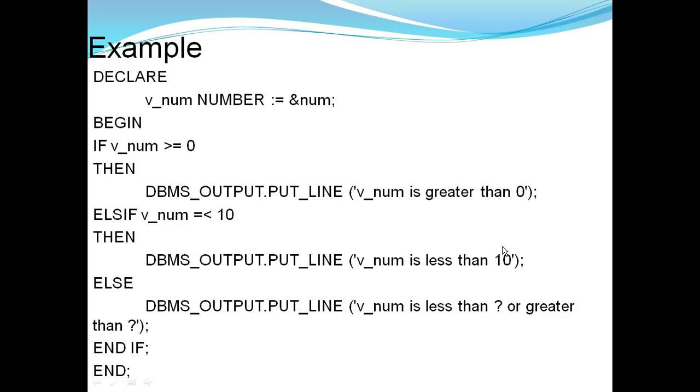But here it will not consider that statement at all, because your condition is evaluated true at the first. Is it clear? I hope this is clear, everyone. So here it is less than 10 also, greater than 0 also, but the result will be this, not this. Clear?